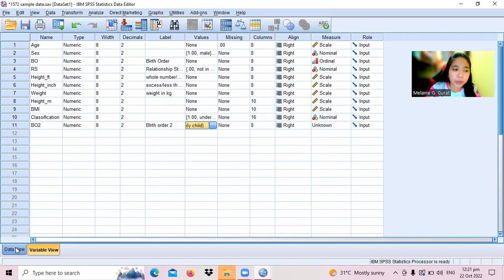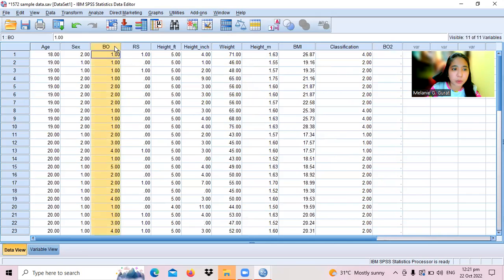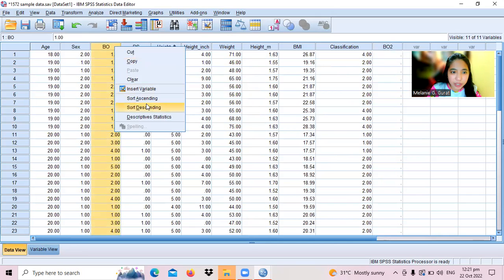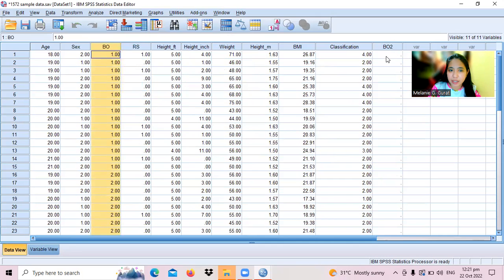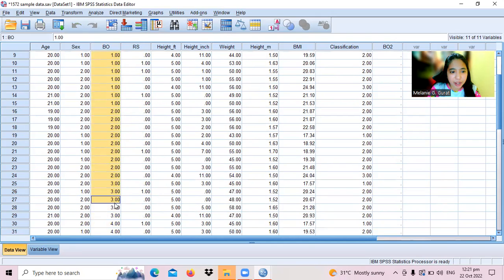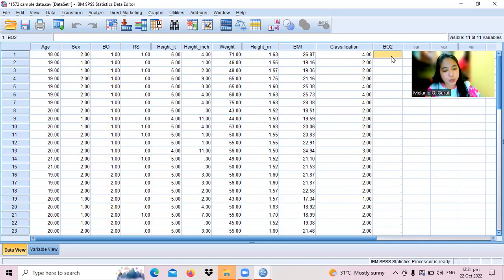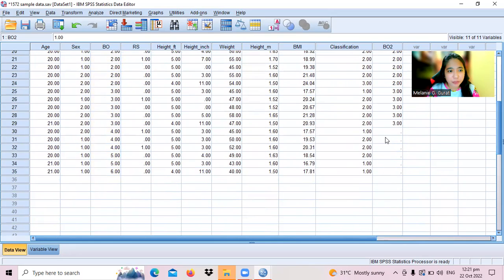We can do recoding, or we can simply sort this ascending and then copy the first, second, and third, because 1 is still 1, 2 is still 2, 3 is still 3. But for fourth, fifth, and sixth, this will be coded as 3, which means it is at least third child.